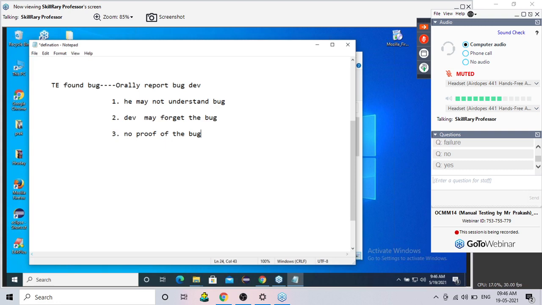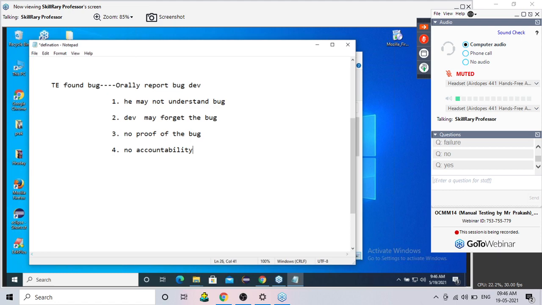So there is no proof that you found a bug. And most importantly, there is no accountability. When I say accountability, I don't know in total how many bugs were found in the project, or which test engineer found how many bugs. That accountability will also not be there.